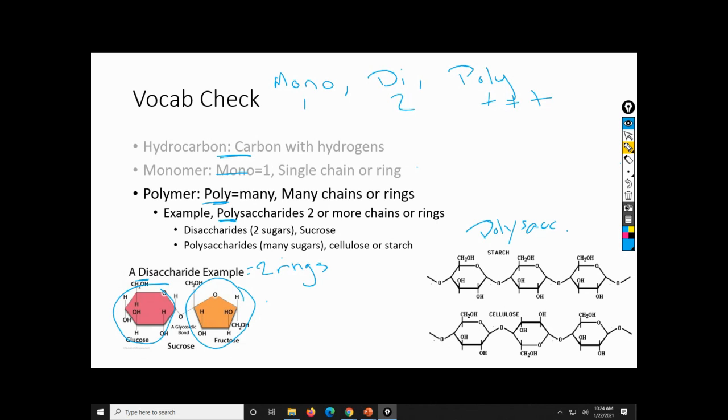Okay, polymer means many, so literally 3 or more. And or more can mean anything. So I have 3, I have 4, I have 5, I have 500. Does not matter. I do not care. Just many. All right.